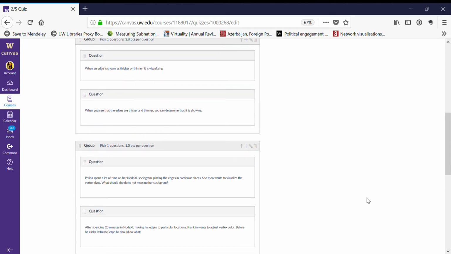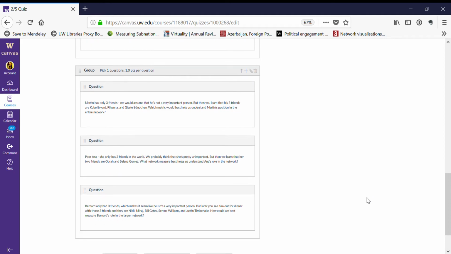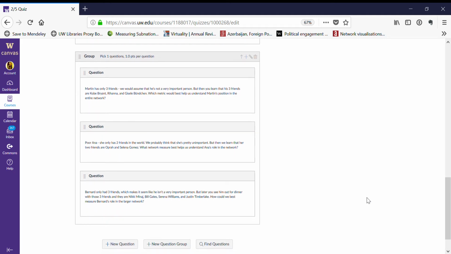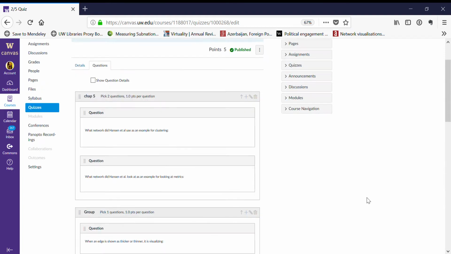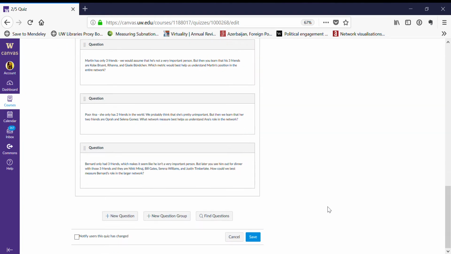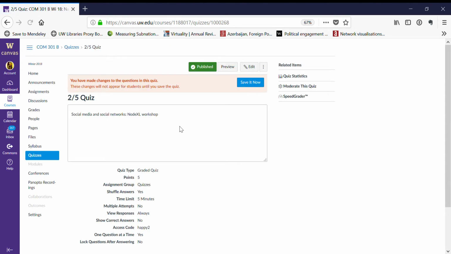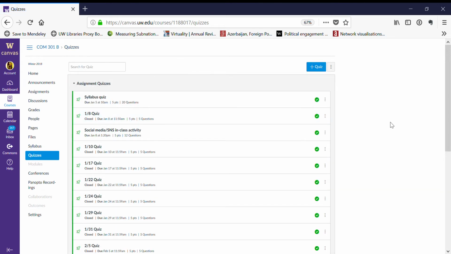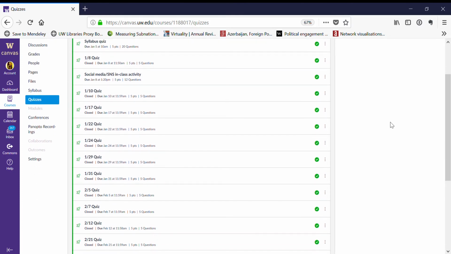But then with the variations on the rest of them, it was a different question, different word answer choices, and they came in a different order, so you're really, really randomizing this. And by doing this, I've essentially eliminated all plagiarism issues within the classroom, because it's become impossible for them to whisper to each other, hey, what did you get for that one? Because I've changed it up enough.